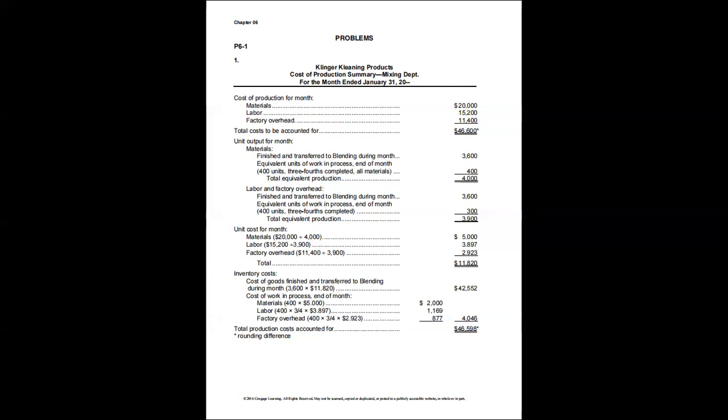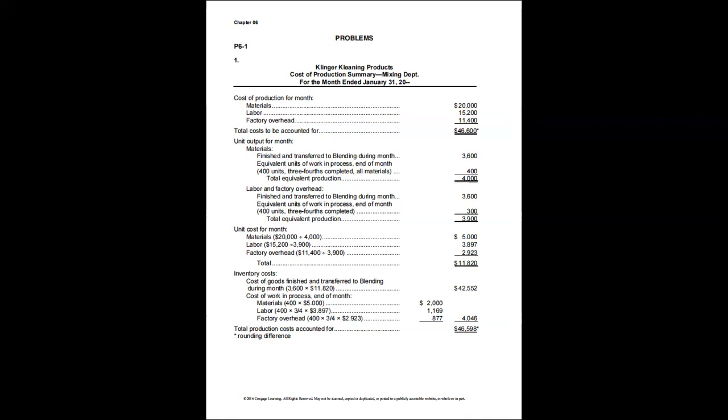Then for the labor and factory overhead, finished and transferred to blending, 3,600, and the equivalent units of work in process at the end of the month for labor and factory overhead is three-fourths. So we have 300, leading to the equivalent production for labor and factory overhead equal to 3,900.